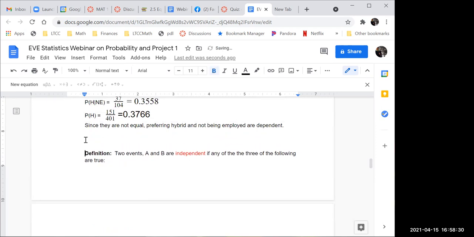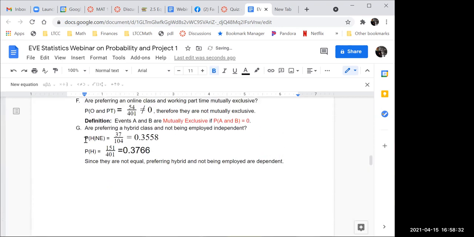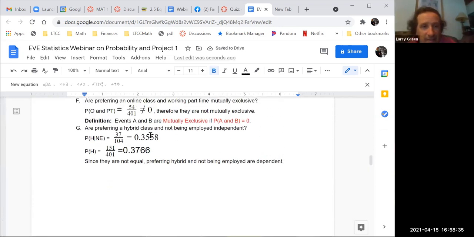What it really means is that if somebody told you that they preferred a hybrid class, you have information that is useful for determining the chance of them not being employed. Whereas if they're independent and someone told you that they preferred a hybrid class, that doesn't help at all in deciding if they're not employed.